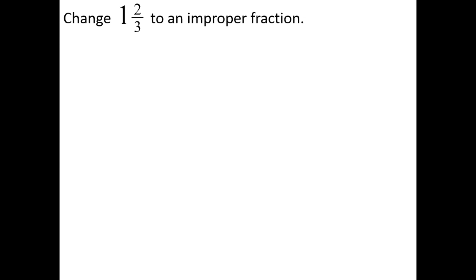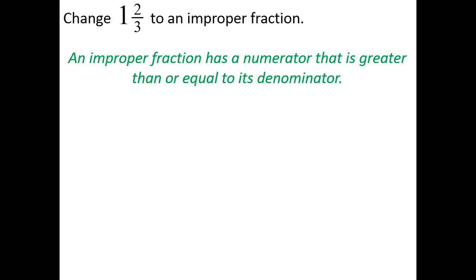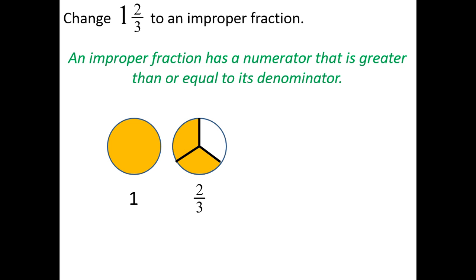Mixed numbers can be changed to improper fractions. An improper fraction has a numerator that's greater than or equal to its denominator. Now if we think about 1 and 2/3, which is a mixed number, that means 1 whole plus 2/3 of a whole.